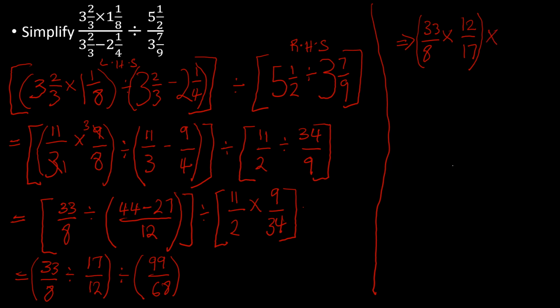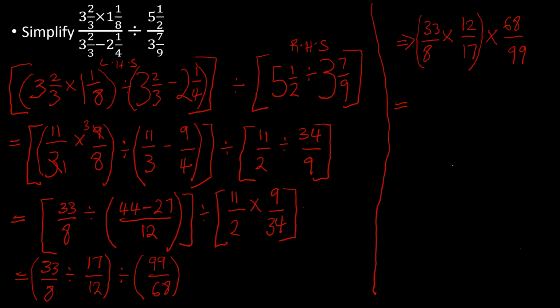Now, this division sign also changes to a multiplication sign, and this also gets flipped. So we have 68 over 99. Now, if we move further, we can say that we carry out the necessary calculations where necessary.